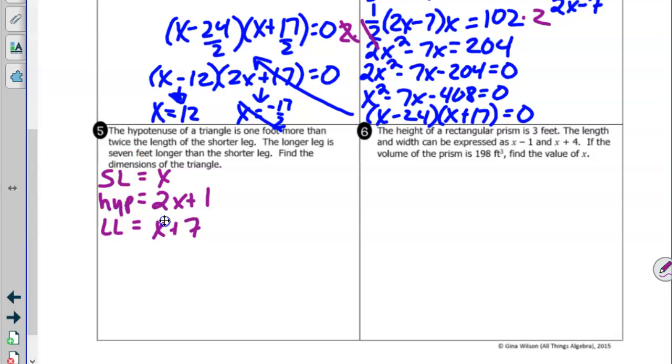What do I do now? Very good. If it helps, draw a picture. The hypotenuse is 2x plus 1. The short leg is x, and this is x plus 7. Alright, so somebody tell me what to write.